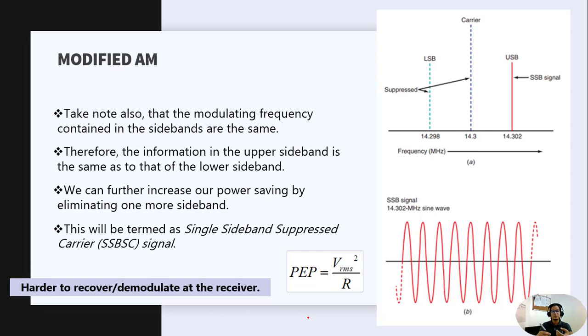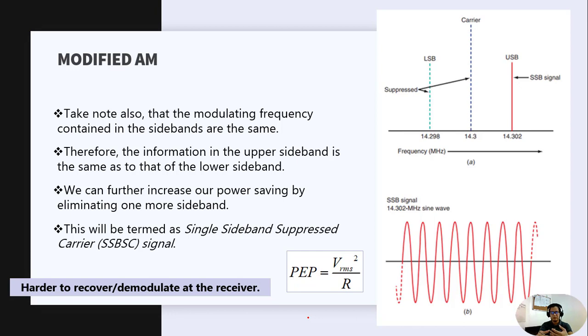Now, pwede naman sabihin, sir, inform na lang natin si receiver of what carrier will be used. But the next problem here will be the phasing. Let's say, in the transmitter, we used a 1 megahertz carrier. A carrier with 1 megahertz frequency. And in the receiver naman, we reproduced a carrier with 1 megahertz frequency na din. Now, is it safe to say na mas madali na siyang i-demodulate? Hindi pa rin. Bakit?